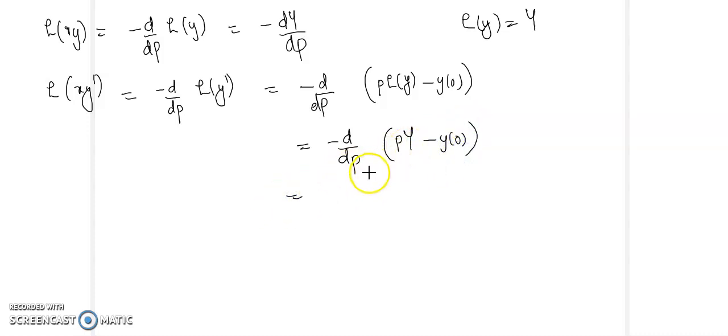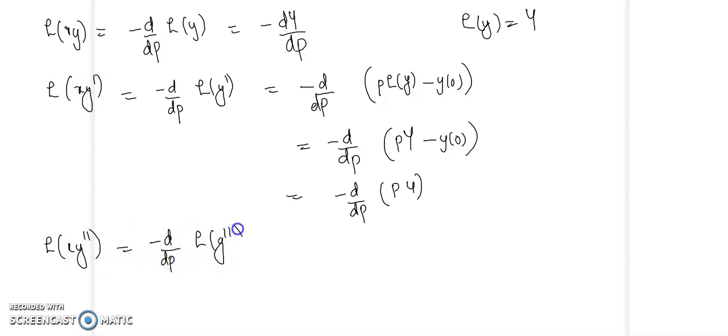So upon taking the derivative, you will get, now this capital Y is also a function of p. And the derivative of y of 0 will be 0. So you get minus d by dp of pY. And similarly, if you want L of x y double dash, that will be minus d by dp of L of y double dash.